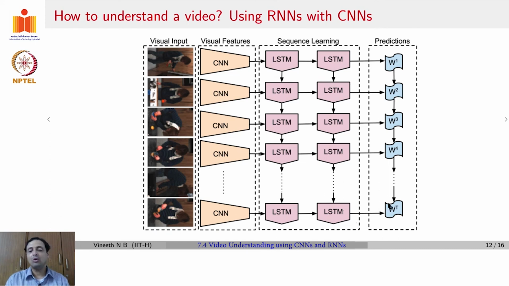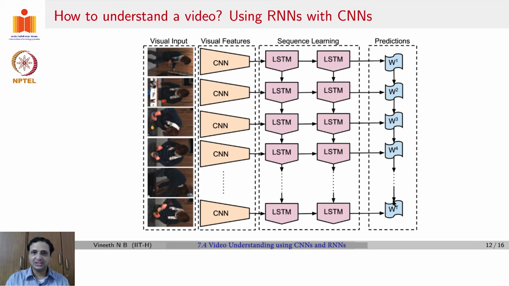And finally, the output of these LSTMs are the predictions that you make. So you could have a prediction per frame, or you could ignore all of these to make a prediction only at the last time step. That would be the way to combine CNNs with RNNs.